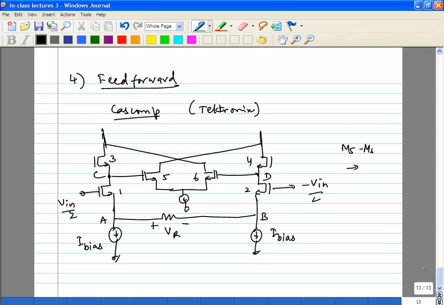What it's going to do is calculate the error between C and D, amplify it and add it to the output as a current. Okay, so let's call these, that's your differential current I. This is your error current, I5 and I6.